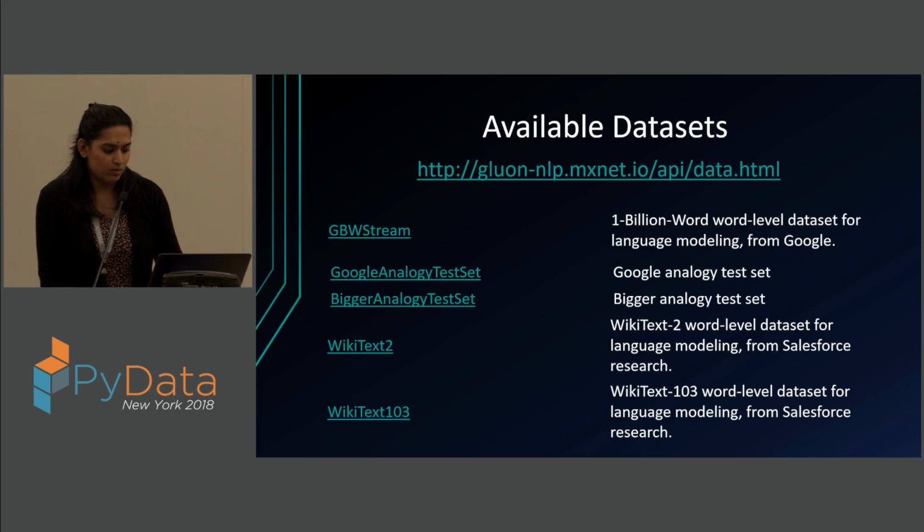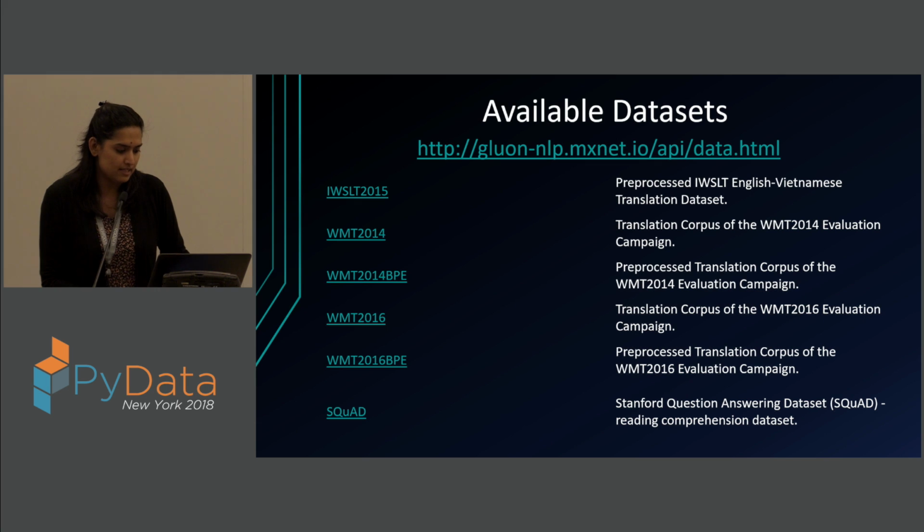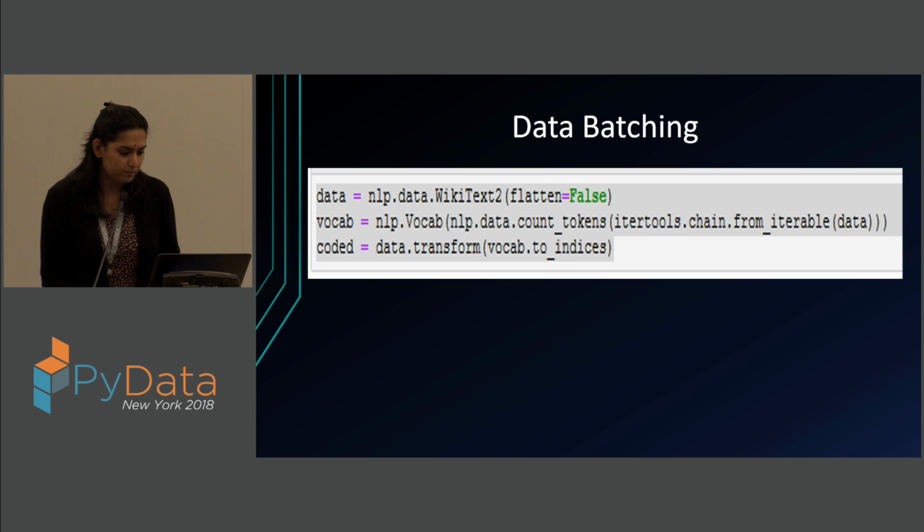Wikitext 2, 103, they are basically just various versions of the Wikipedia word level data set. Similarly, all of these are machine translation benchmarks. SQuAD right there at the end is the benchmark associated with the state-of-the-art question answering system from Stanford, also known as reading comprehension. That link there basically will give you the list of all popular benchmarks available.